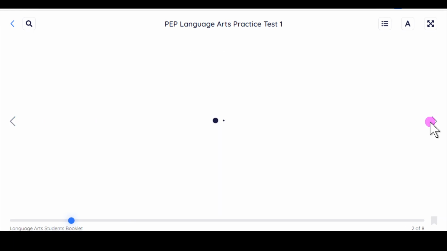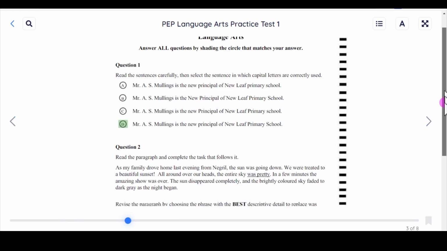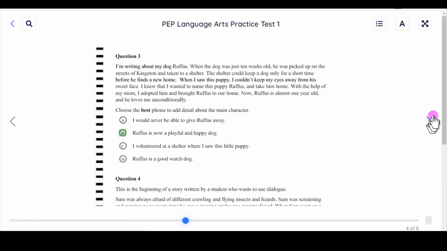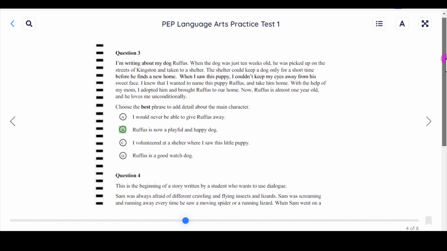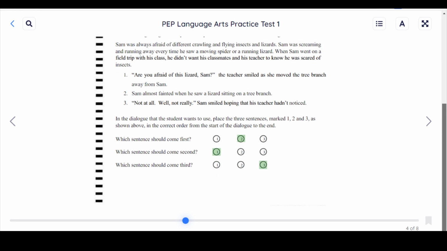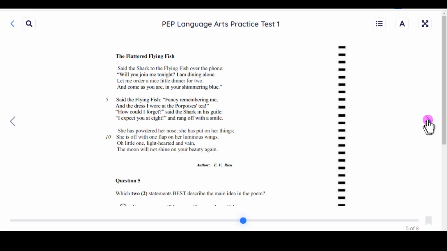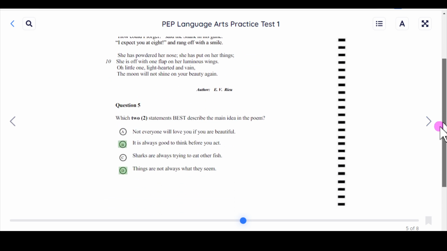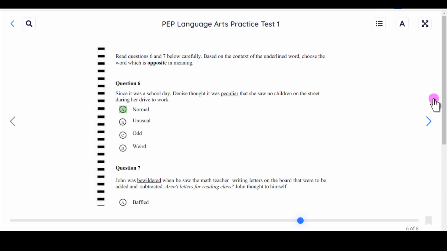Oh, not too far. All right, so question 1 and 2 are okay. Question 3 is okay. Question 4 is okay. Question 5 is okay.